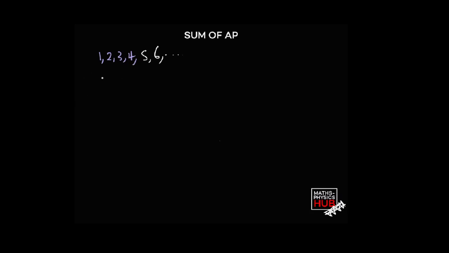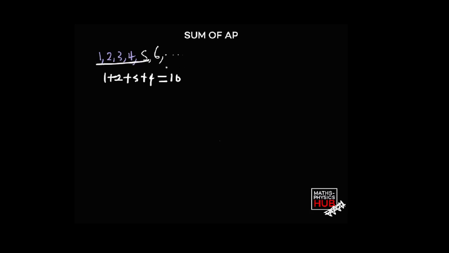You can easily find that by saying 1 plus 2 plus 3 plus 4 equals 1 plus 2 is 3, then that's 10. Isn't it? Yes. Now, this is very easy to do because number one, you can see the terms you want to add together, and number two, they are not many.